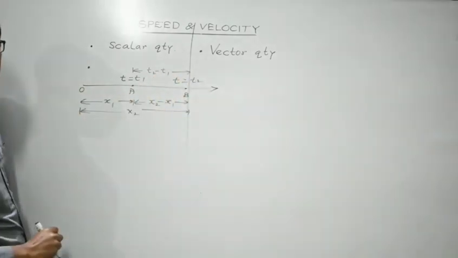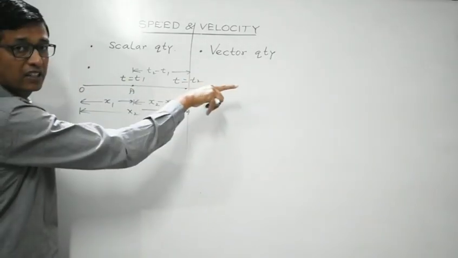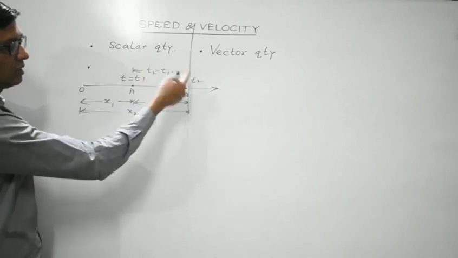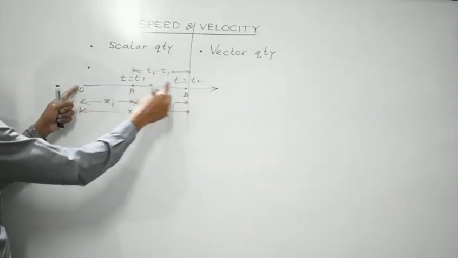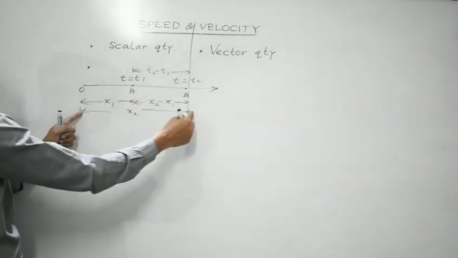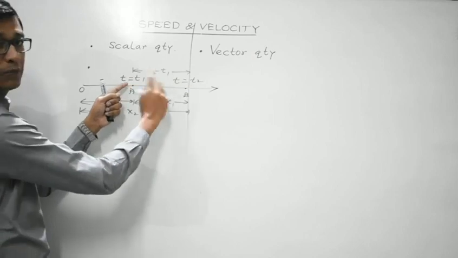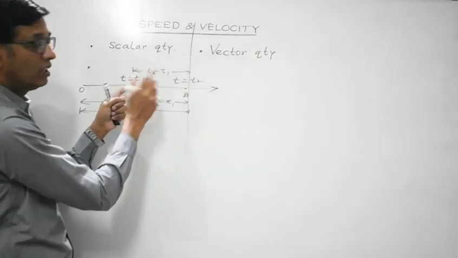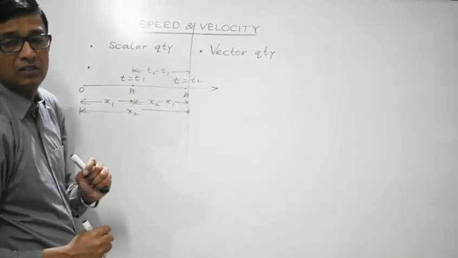So what I have considered is a body moving along the positive x direction. At instant t1 the body is at point A, and at instant t2 the body is at point B. The distances of A and B from the origin are x1 and x2 respectively. During the time t2 minus t1, the body has covered this path, right?